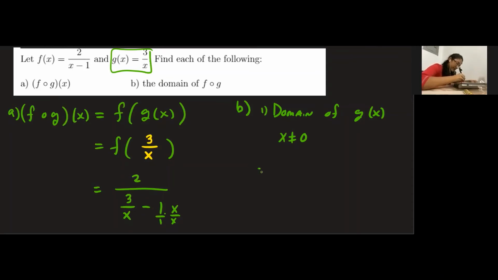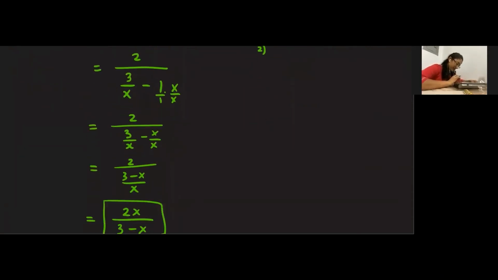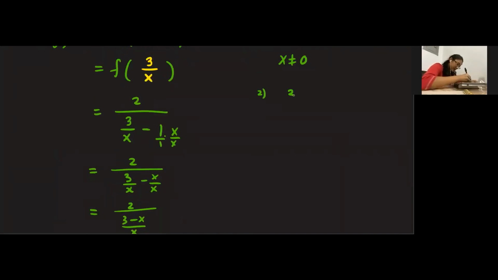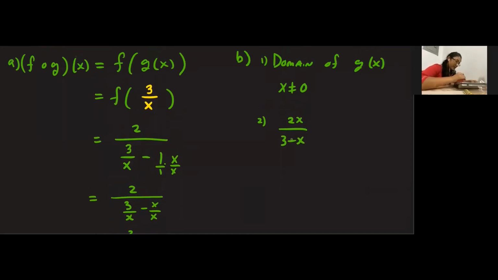Now second, you're going to look at your function after you have performed the composition, which is 2x over 3 minus x. Now we need to make sure what values are not in the domain of this function. We know x equals 3 is not in the domain of this function, so x cannot be 3 in the domain of the composition.